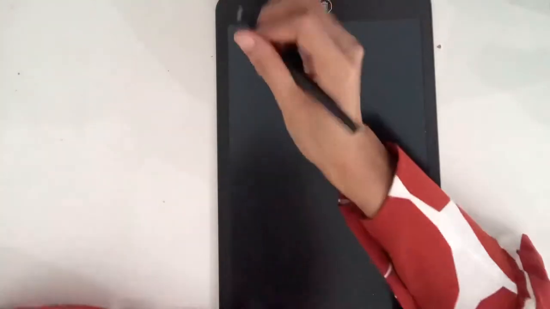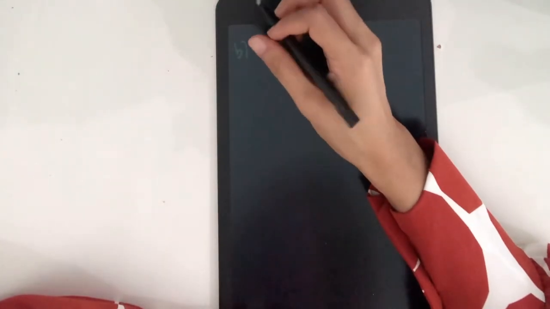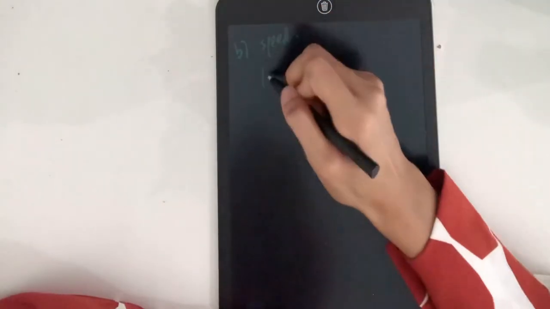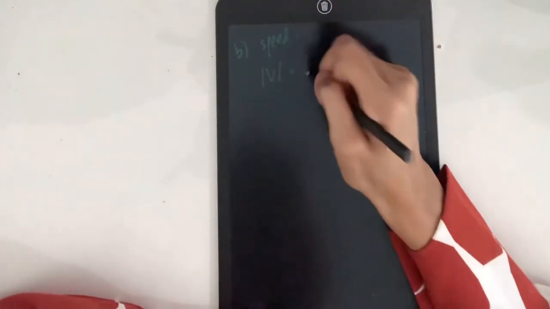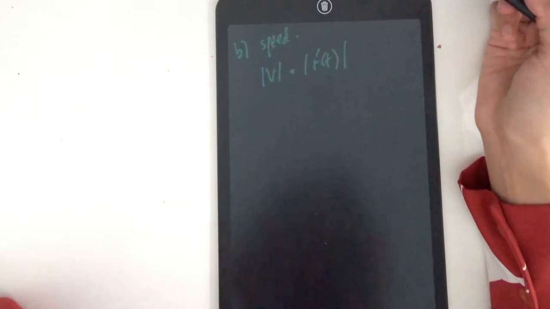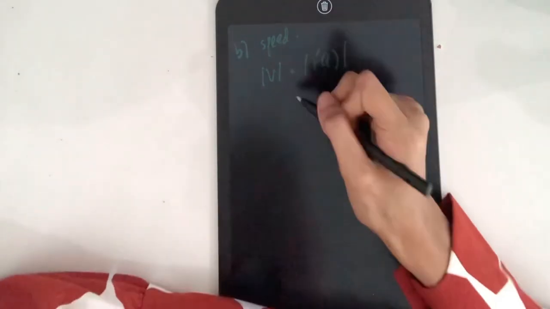The second question asks you to find the speed. Speed is the magnitude of v, or the magnitude of r prime. You already found your r prime just now, right?